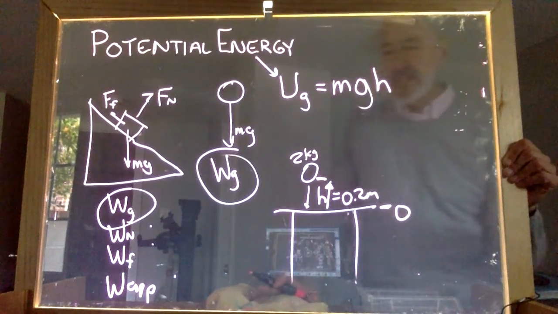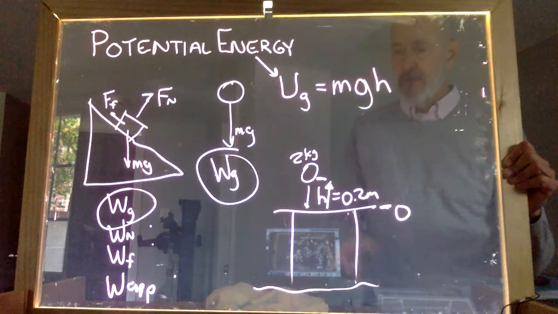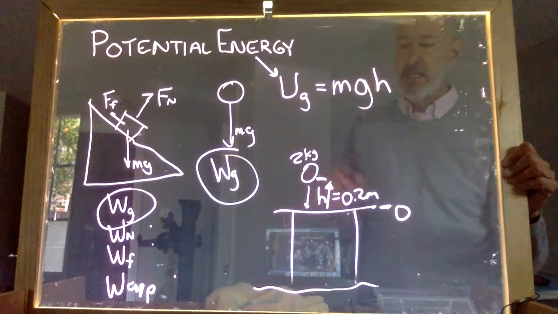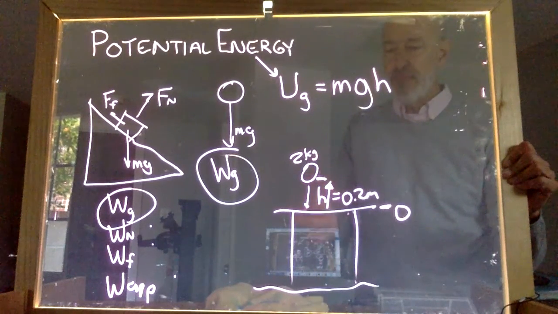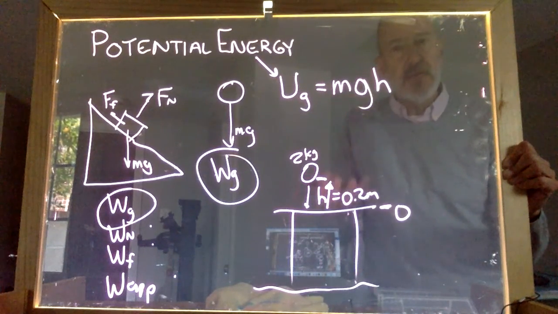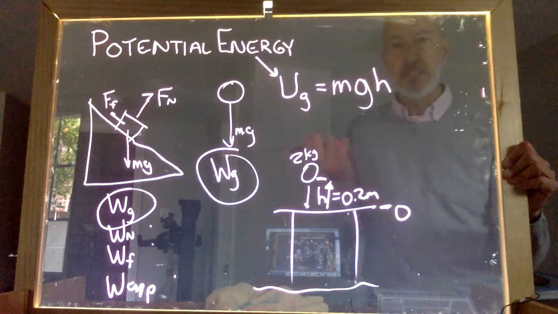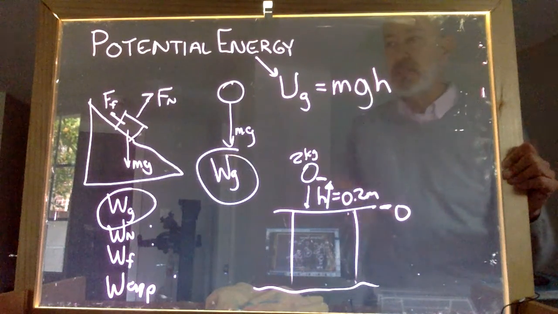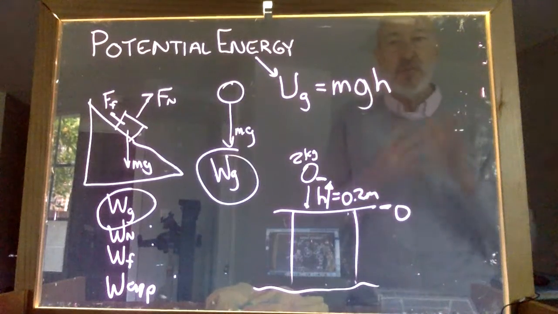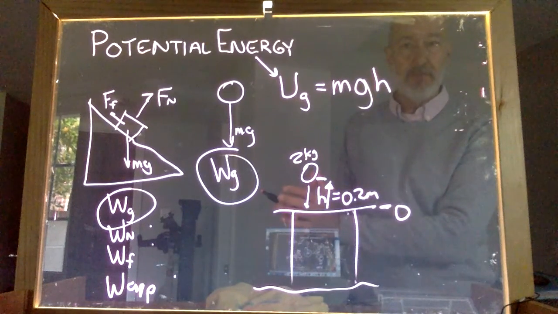It's almost meaningless to talk about the potential energy relative to the ground. But here we're saying, okay, if I dropped it, I would in a way be converting all that potential energy into kinetic energy. So this potential energy is how much energy we can convert into some other form.